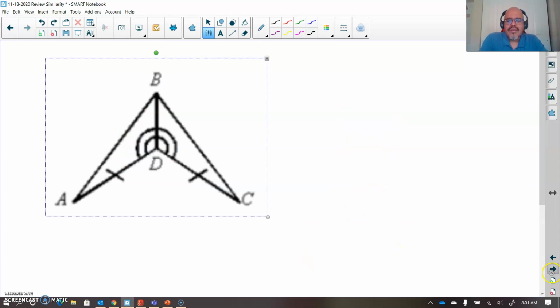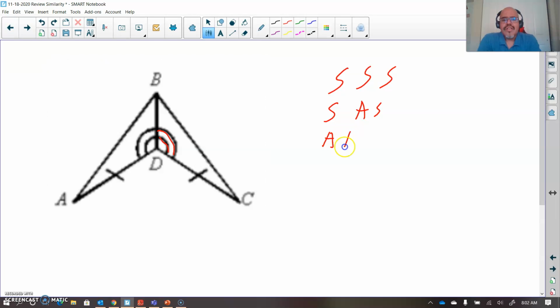Okay. Now, just taking a look at this picture, they're asking what is the similarity between these two? How can we say that these two are similar if we can? We have this angle in common. Remember, we have side, side, side similarity, side, angle, side similarity, and also angle, angle similarity. We only have one pair of angles between the two triangles, so we can't use angle, angle. We don't have a third side, so we don't know anything about this side and this side. So we can't say that those two sides are congruent or proportional.